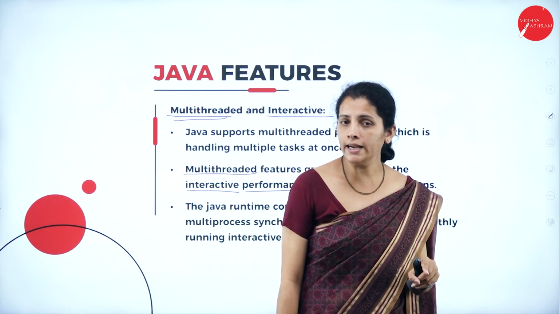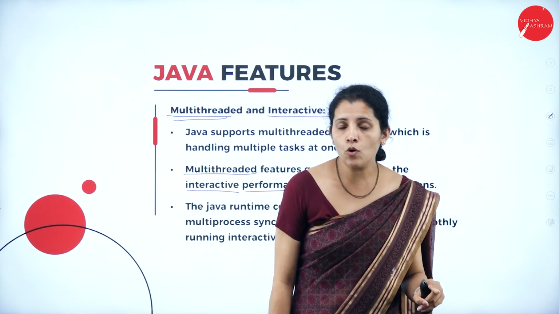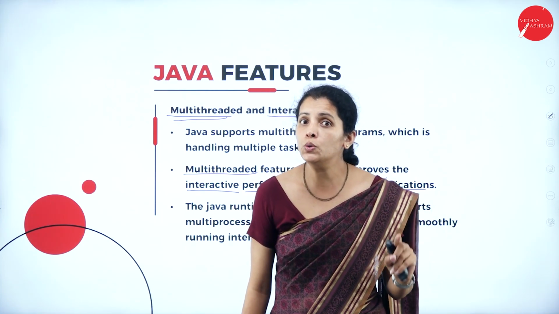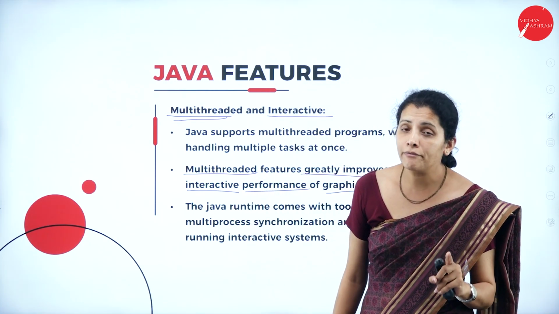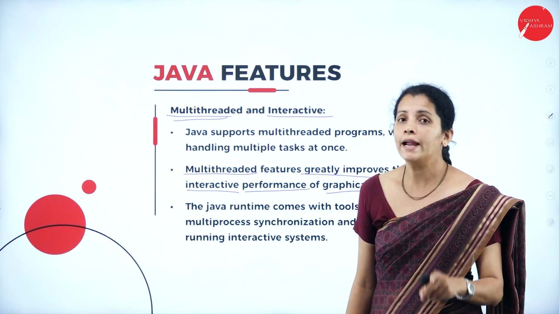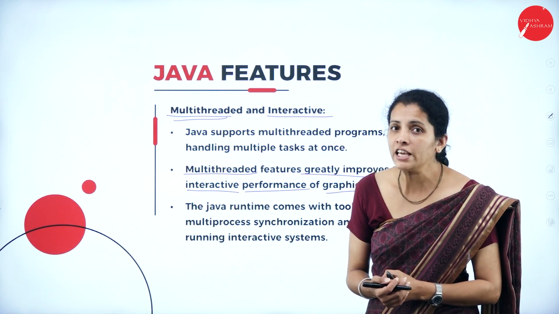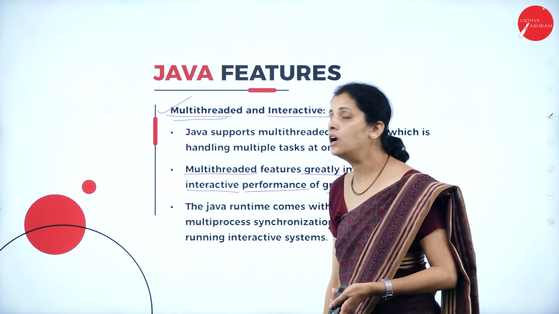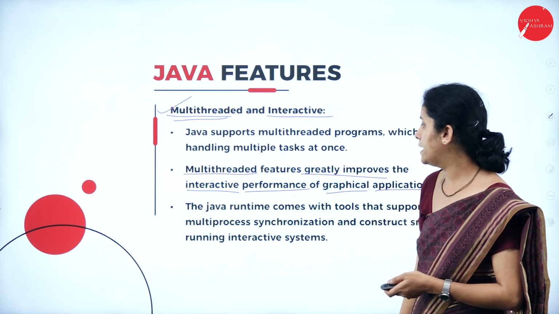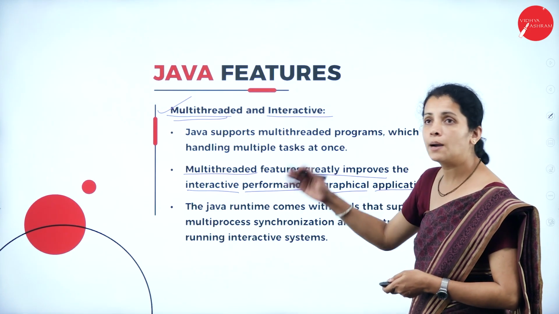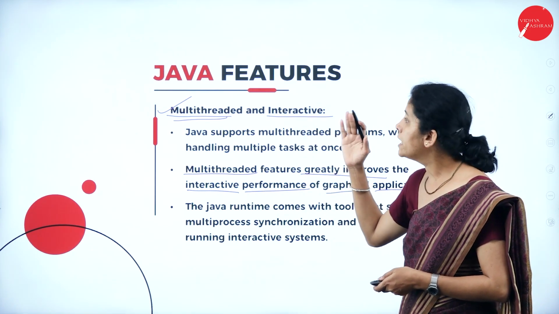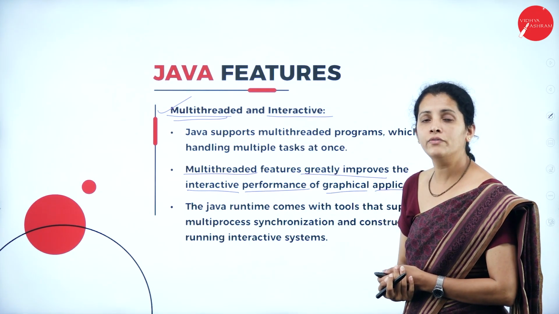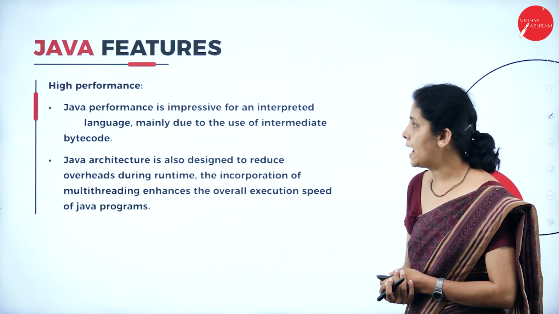So dear student, Java is also used to develop graphical applications, and to run graphical applications simultaneously, I have the feature called multi-threaded. These are some of the very important features of Java.